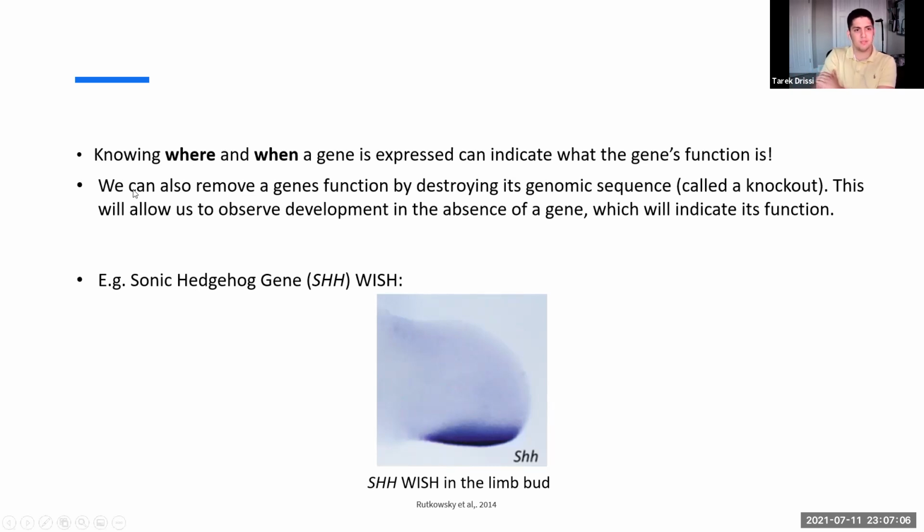So here we can see, we can also remove a gene's function by destroying its genomic sequence, and that's also called a knockout. And that will allow us to observe development essentially in the absence of a gene, which will indicate its function. So let's bring up an easy example. Let's say there's one gene that controls the color of your hair, maybe.